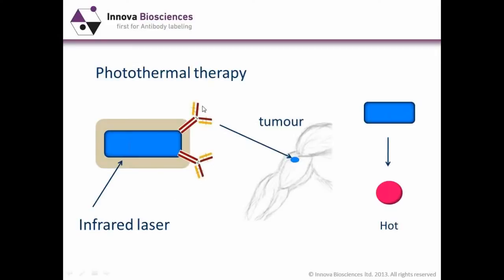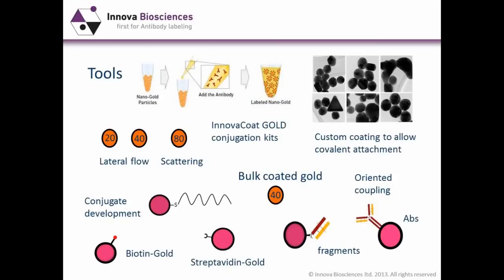And when the conjugate has accumulated in the tumor, which needs to be near the surface, you then use a laser, and the electron cloud around the gold rod absorbs the energy from the laser, and you can get incredible temperatures. In fact, the rods can actually melt, and obviously in a molten form they turn into spheres, so the heat generated essentially kills the tumor. So I think you can see there are a huge number of applications with gold nanoparticles.